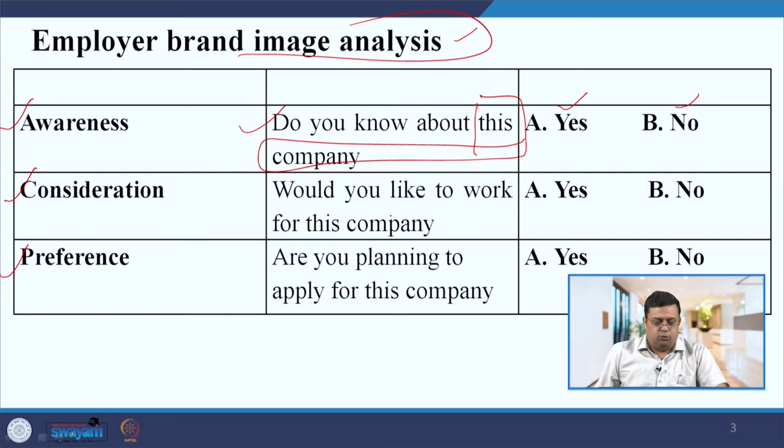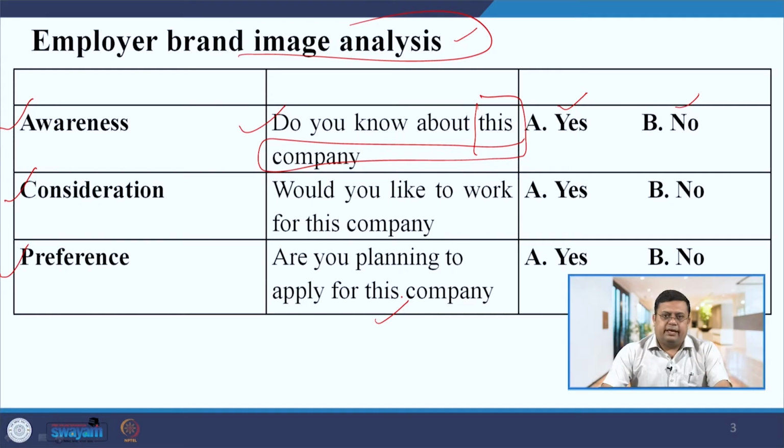Would you like to work for this company? Here you see the willingness to work. Next, preference: are you planning to apply for this company? And then, are you planning to apply for this company immediately? These show how strong your brand is.